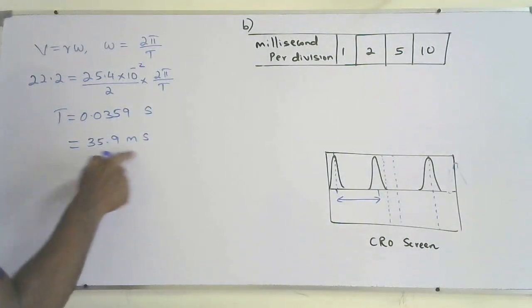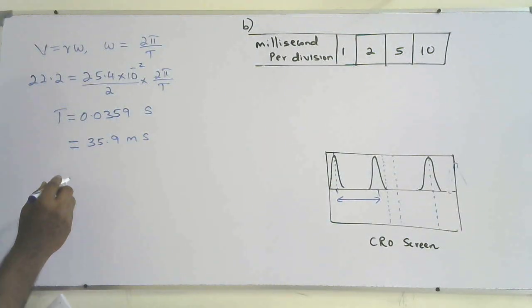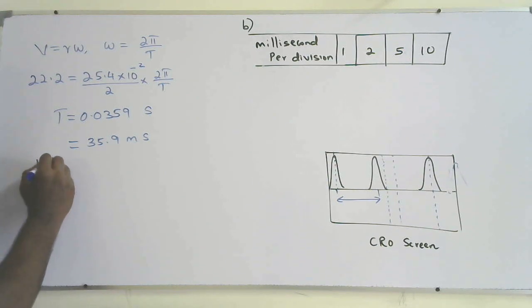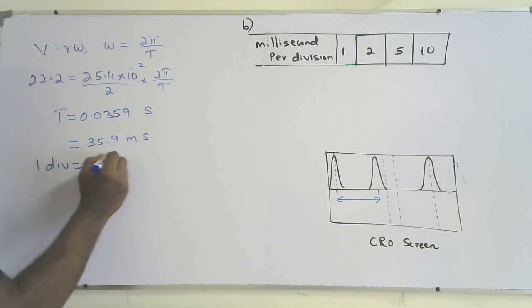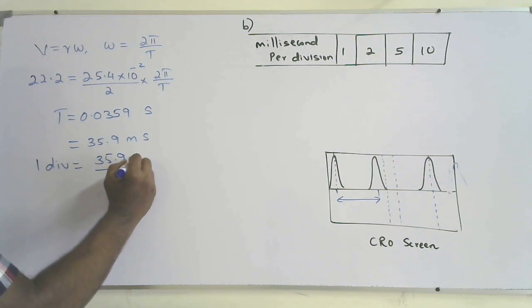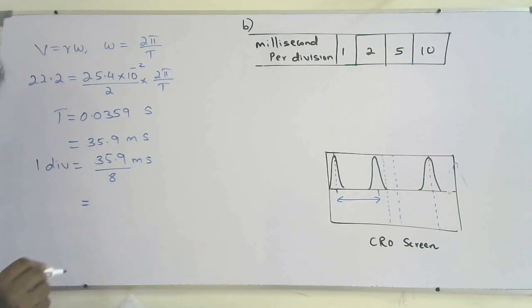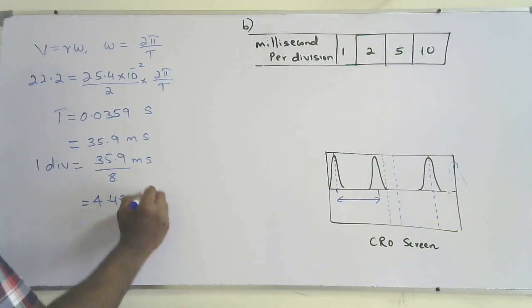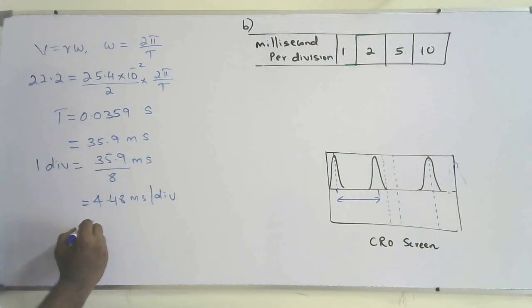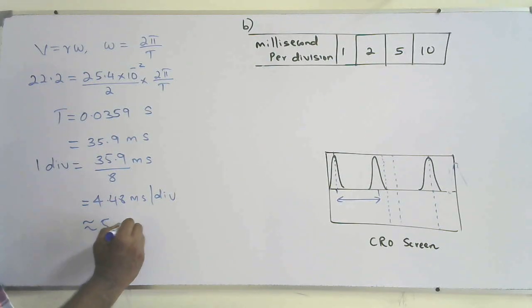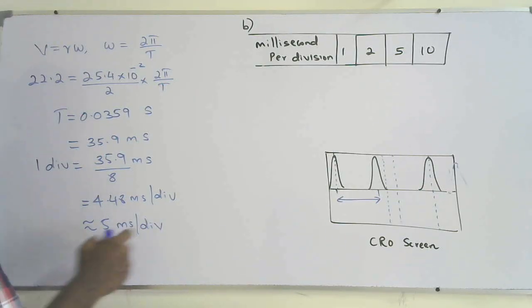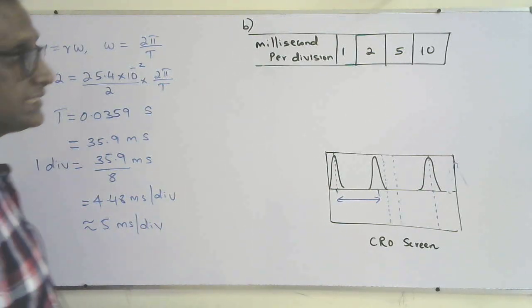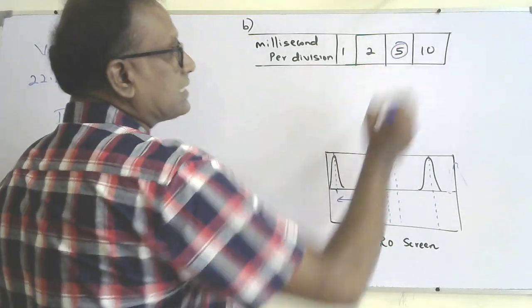So 35.9 milliseconds divided by 8: one division should represent 4.48 milliseconds per division. Approximately, I can say 5 milliseconds per division. So that's the suitable adjustment.